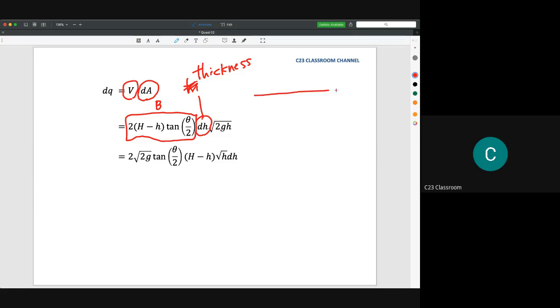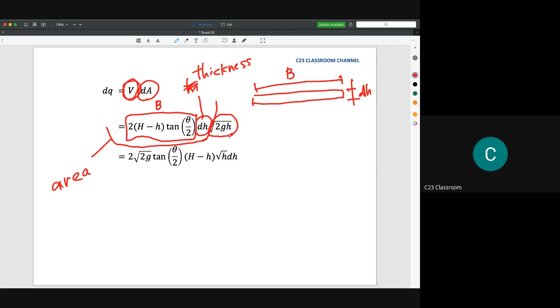Okay, so we have these strips. So the height of this one is dH, and the length here is B. Now you get this is the value of area. And then the V here is the velocity, and the velocity is reflected as square root gH.